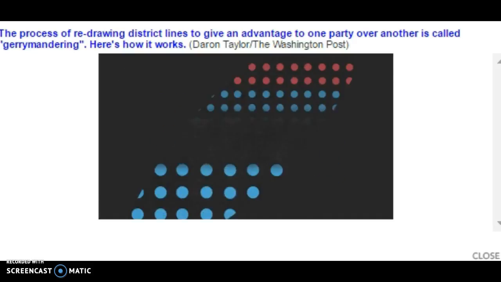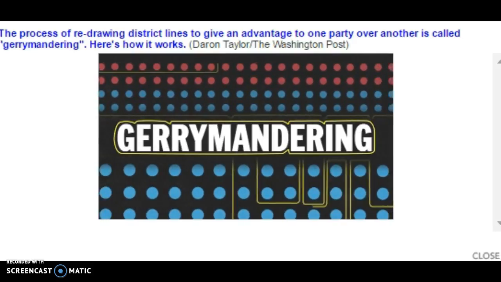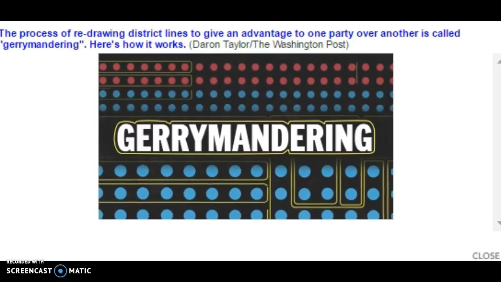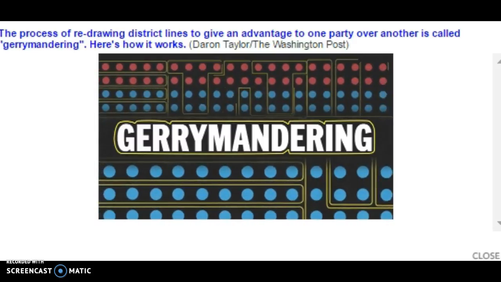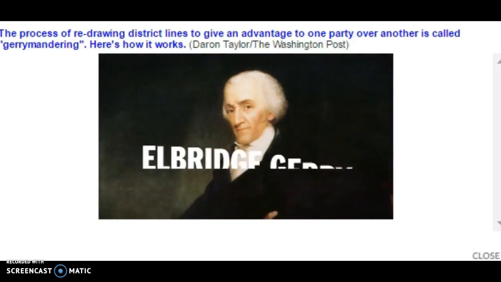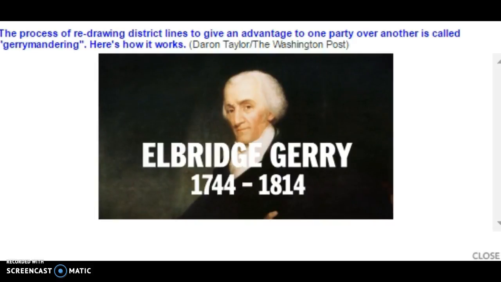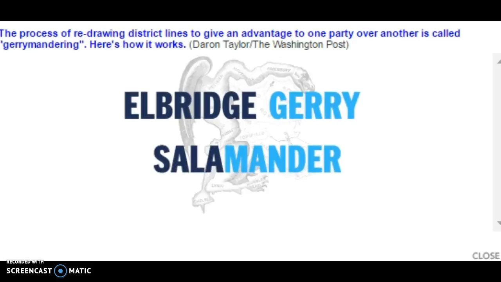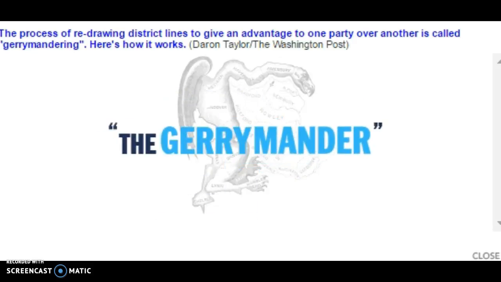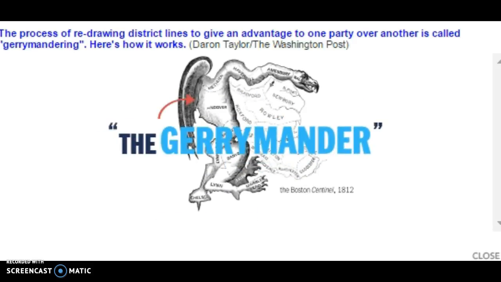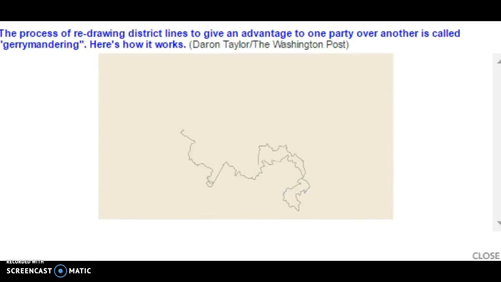Not bad. This process of redrawing district lines to give an advantage to one party over another is called gerrymandering, and it's nothing new. The term gerrymander is named after early 19th century Massachusetts Governor Elbridge Gerry, who redrew the map of the Senate's districts in 1810 in order to weaken the opposing Federalist Party. Our example is, of course, a huge simplification. In the real world, people don't live in neatly ordered grids sorted by political party.